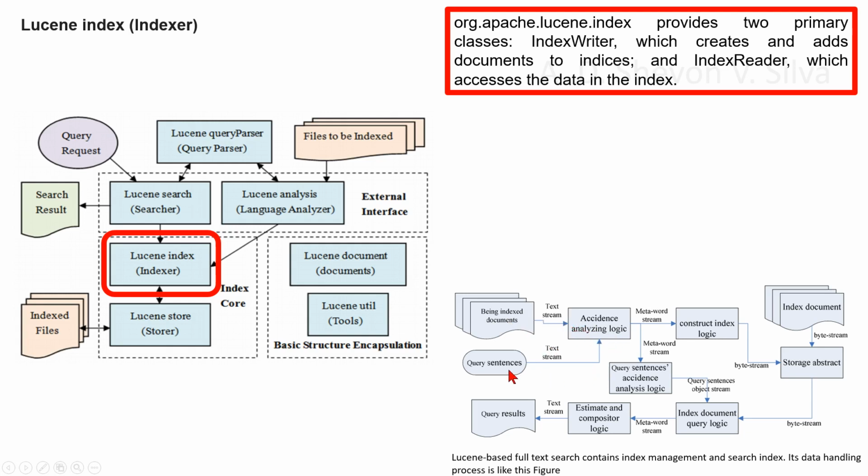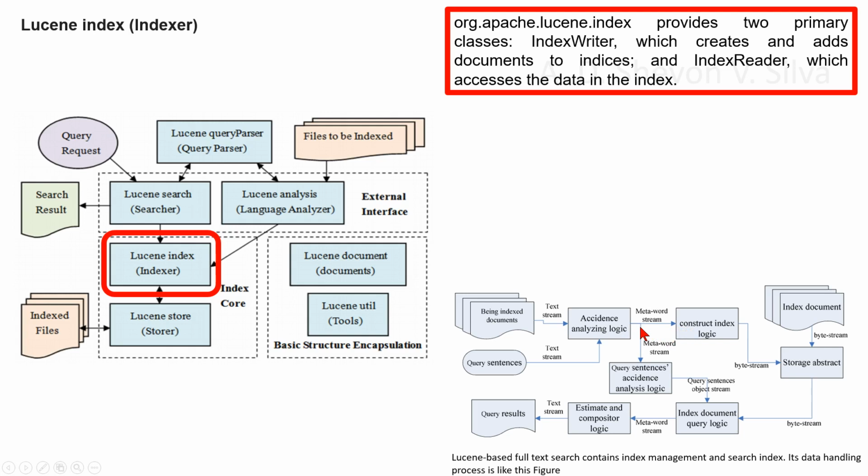Query sentences are connected to the analyzing logic. Text stream is passed from query sentences to the analyzing logic. The analyzing logic is connected to construct index logic. Meta word stream is passed from the analyzing logic to construct index logic.